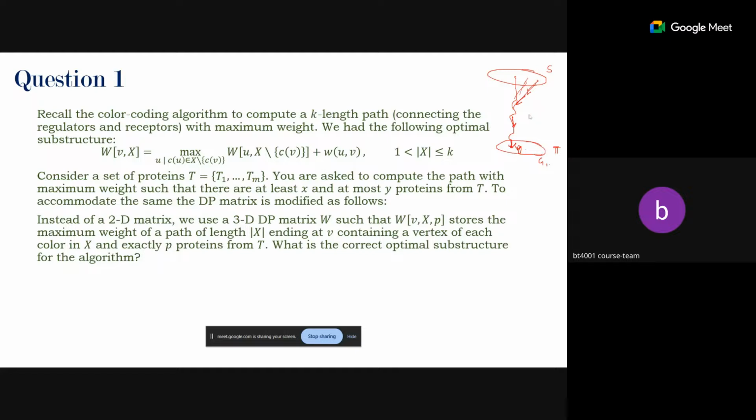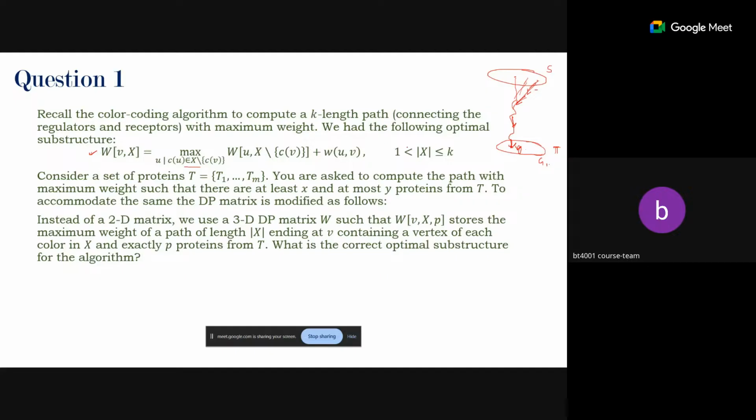We had defined the weight using the probability, that is, the probability of information transmission of each edge. We defined the weight of a path as the sum of these probability values, and that's why we wanted the maximum weight of the path. So we had an optimal substructure for the maximum weighted path.